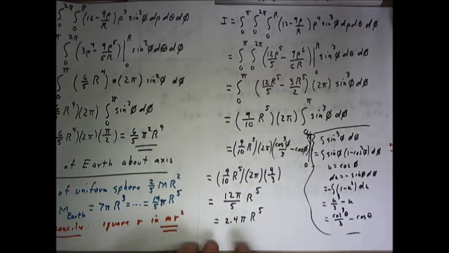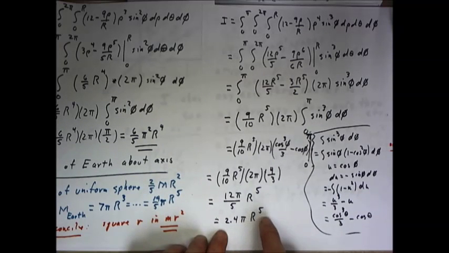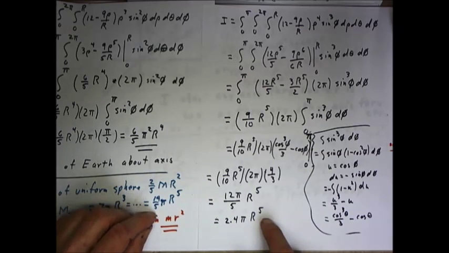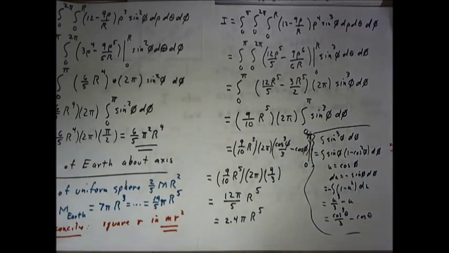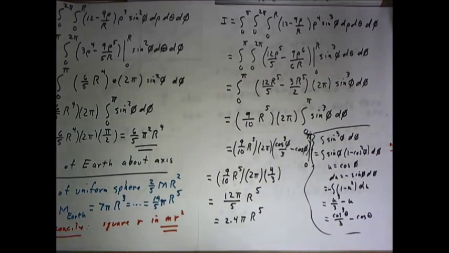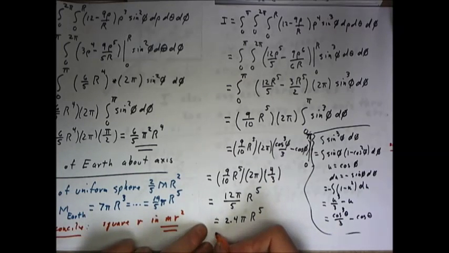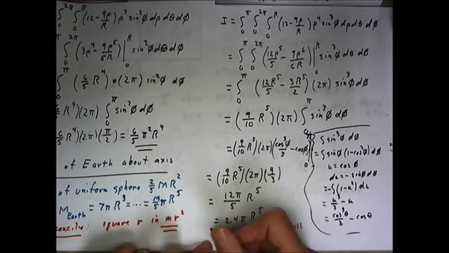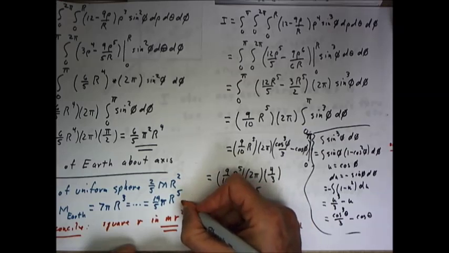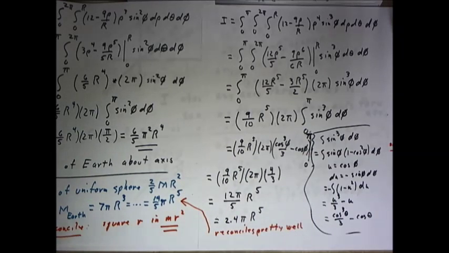Our result seems to confirm that. We get 2.4 pi r to the 5th as opposed to 14/5 pi r to the 5th, which would be 2.8. So that reconciles pretty well, leading us to think that we might possibly have gotten this right.